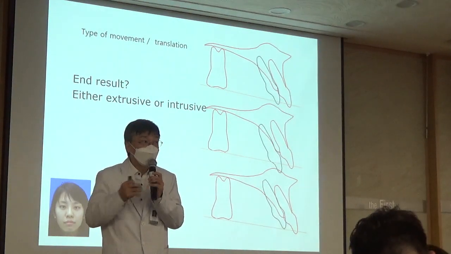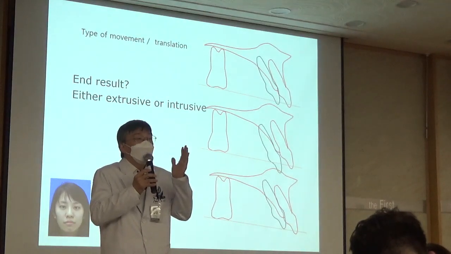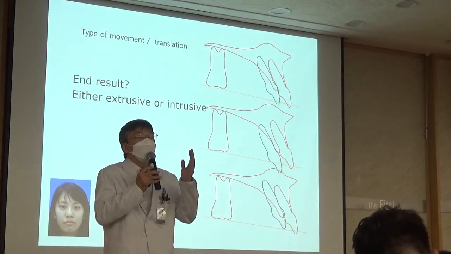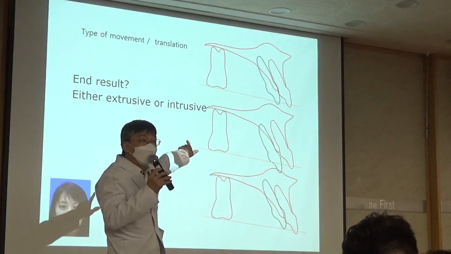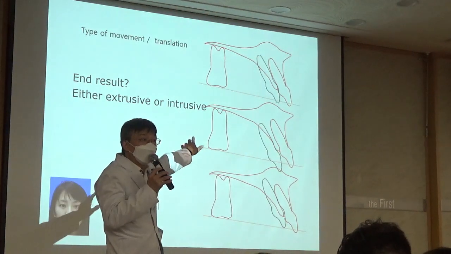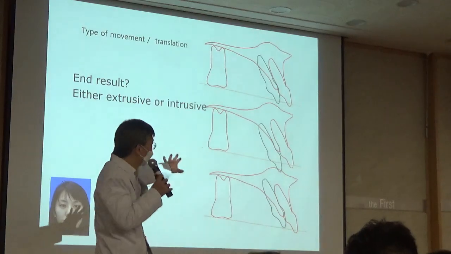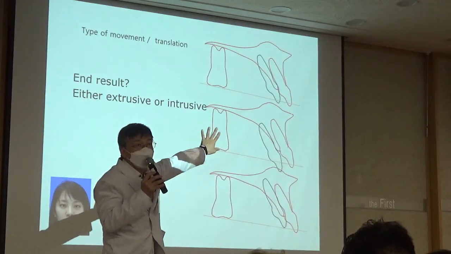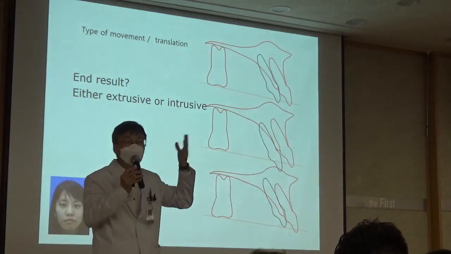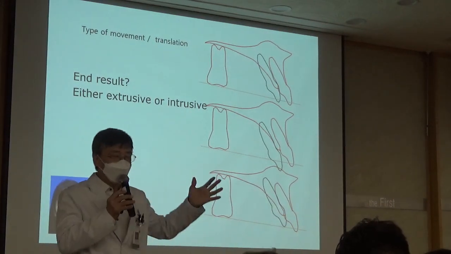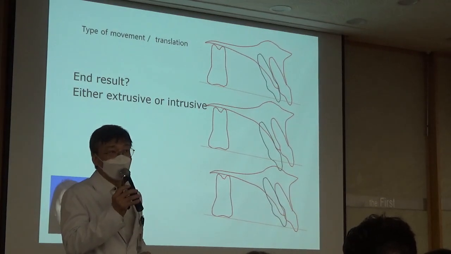So what is the point? You'll have to clearly understand the clinical implication of each type of tooth movement. Do you understand? So once again, to summarize, translation along the occlusal plane, from a clinical viewpoint, is an intrusive translation.